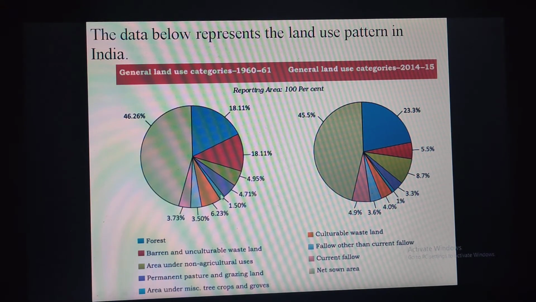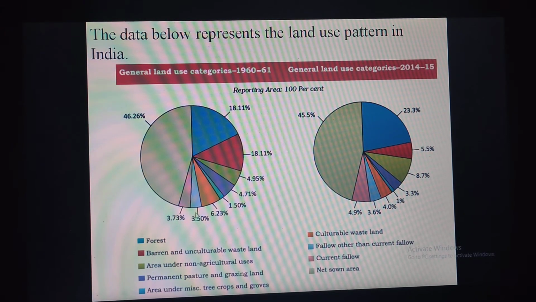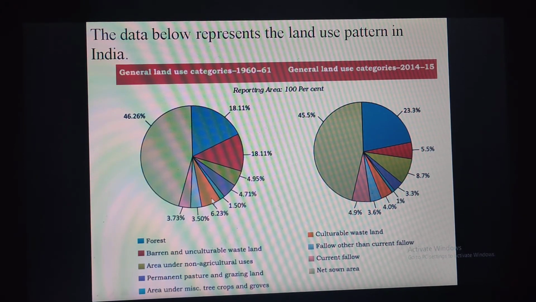Next, you can see 1.50% area is under miscellaneous tree crops and groves, whereas this 6.23% area is for cultivable wasteland. After that, 3.50% area is used for fallow other than current fallow. Then 3.73% area is for current fallow and 46.26% area is net sown area.